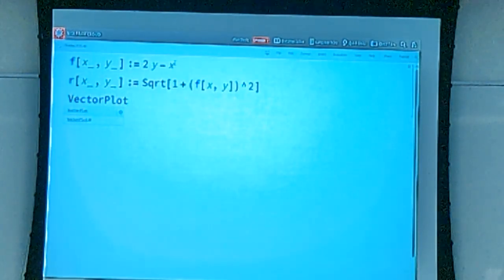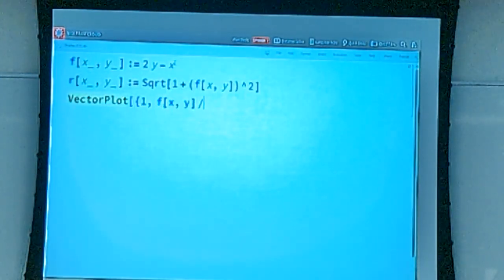Then we're going to use the vector plot command. First component is 1, second component is f over r.